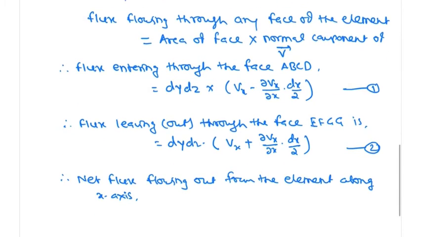What is the net flux flowing out from the element along the x-axis? We take the difference of equations 1 and 2.